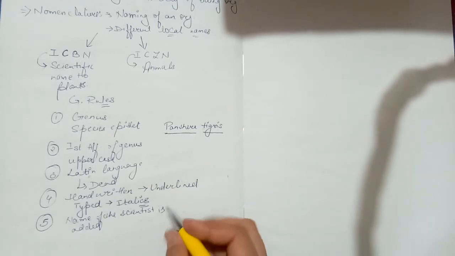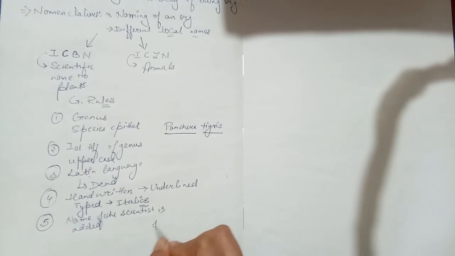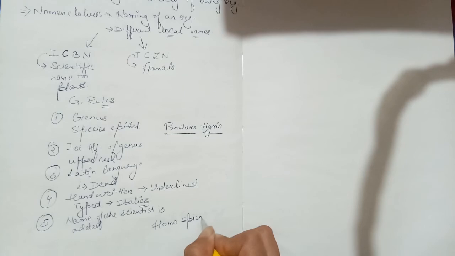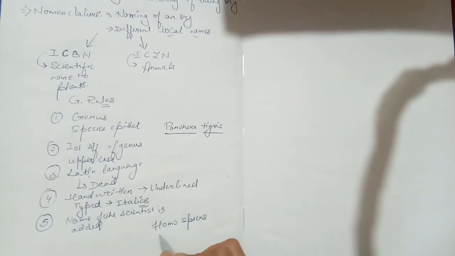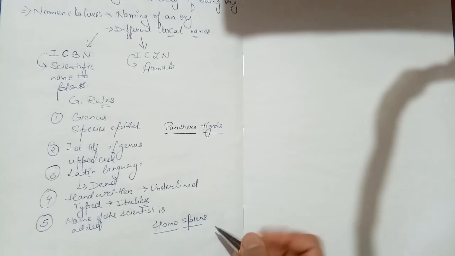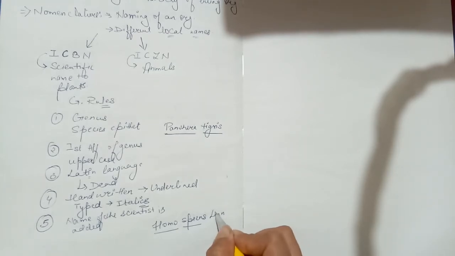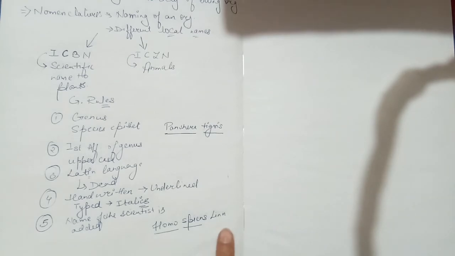For example, if we take Homo sapiens as an example, which is the scientific name of human beings, this name was given by Carolus Linnaeus. So the name of the scientist will be added at the end of the scientific name of the organism.